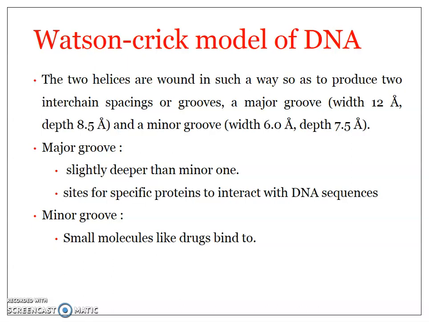On all these occasions, the DNA has to interact with many different kinds of proteins, and those specific proteins bind with the major groove. So the major groove provides a platform where proteins can interact with the DNA sequences. Now what is the minor groove for? Small molecules like drugs bind to the minor groove.